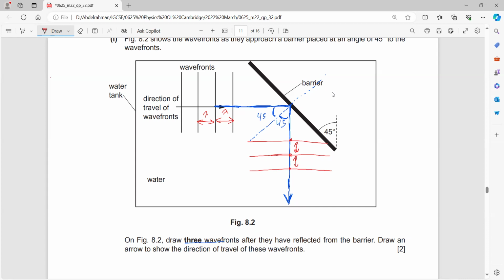The distance between them was maybe 1 centimeter, I don't remember. But make sure the distance between them is equal and that they are perpendicular to the line facing downwards. That's it. So this is the direction of the reflected wavefronts.